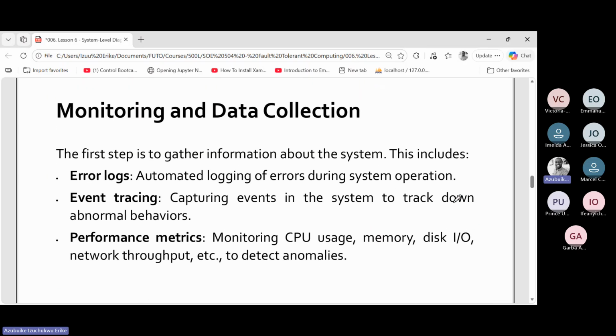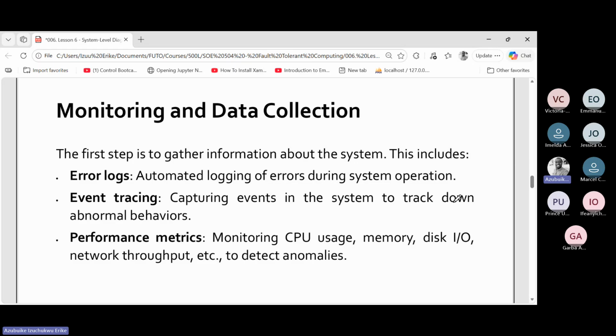So when we talk about monitoring and data collection, what are we talking about? We say that this is the first step. It includes creating a system of logging errors. So if there's an error, the error will not just show up, it has to be logged, because it's going to give us an understanding of what has happened over time. Now we can also track events.